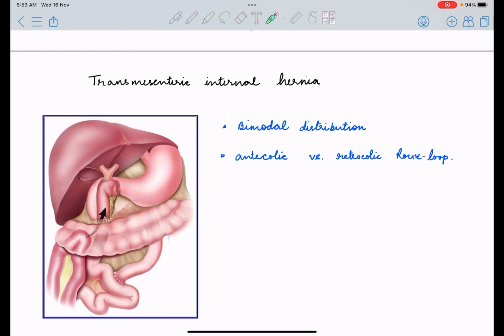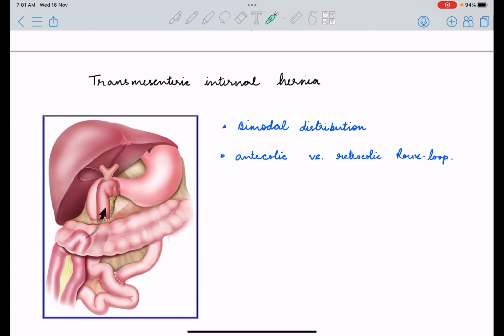Transmesenteric internal hernia happens when loops of bowel or viscus protrude through defects in the mesentery, which either occur naturally in human beings or are artificially created iatrogenically while doing bariatric surgeries. These transmesenteric internal hernias have a bimodal distribution.